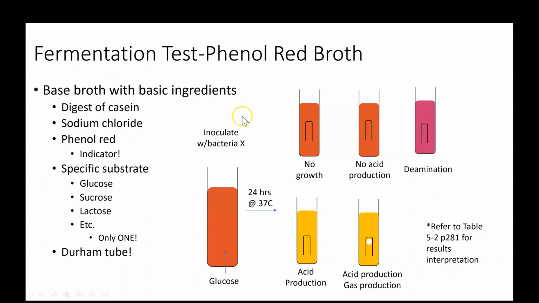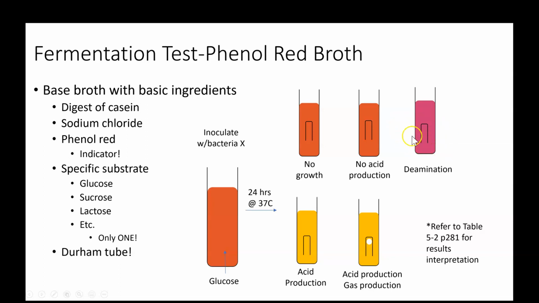What bacteria do here is remove the amine group, that NH3, from the amino acid. And removing that NH3 is going to cause the pH of the broth to go up. In other words, the broth is going to turn basic. And you're going to see this really pretty hot pink color accumulate in the media itself.